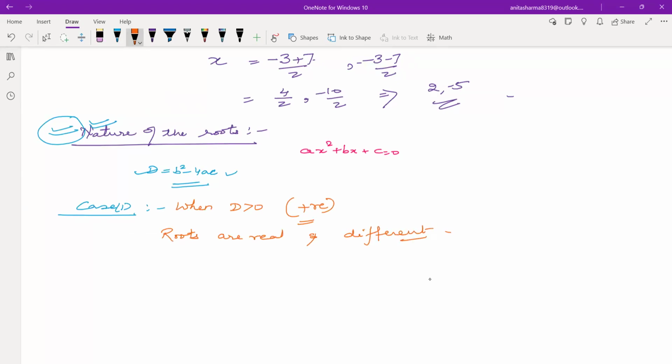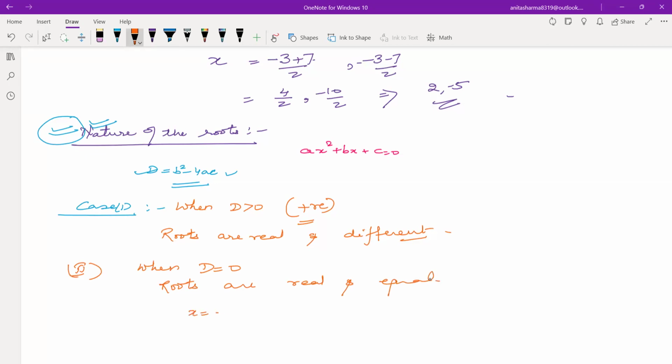Now the second case is when discriminant is equal to 0. Then roots are real and equal.